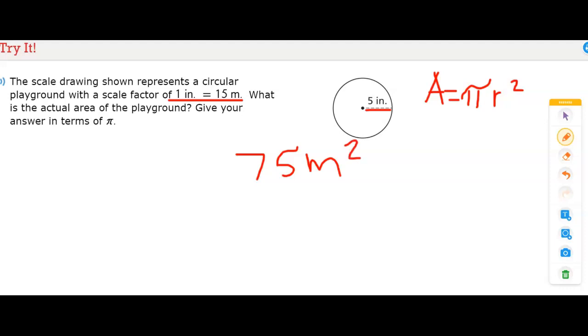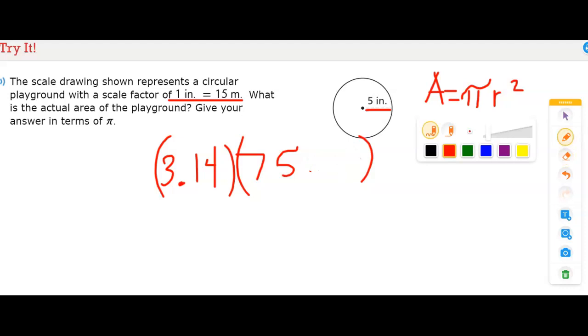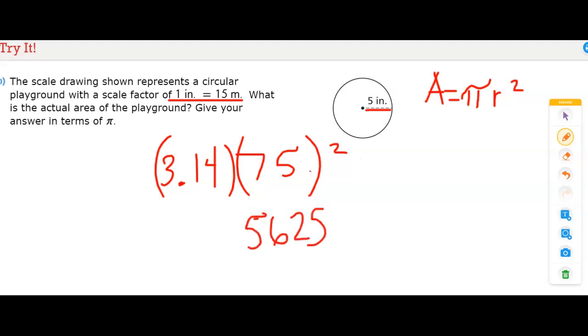And so we're going to multiply that by pi, and I'm going to use 3.14 hundredths. So first we do 75 squared. 75 squared is 75 times 75, and that equals 5,625.